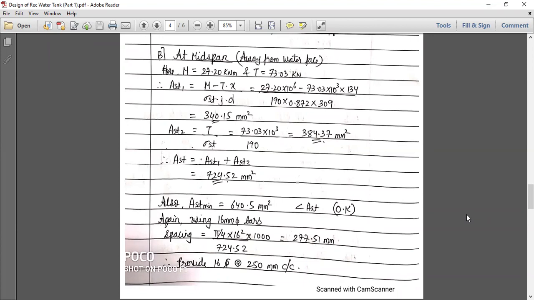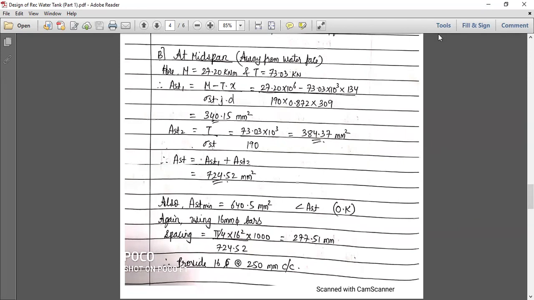So now let us assume suitable diameter and find out the spacing. कितना assume करना है diameter? Yes, am I audible?